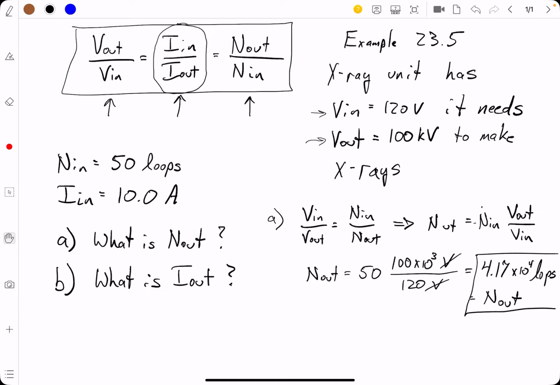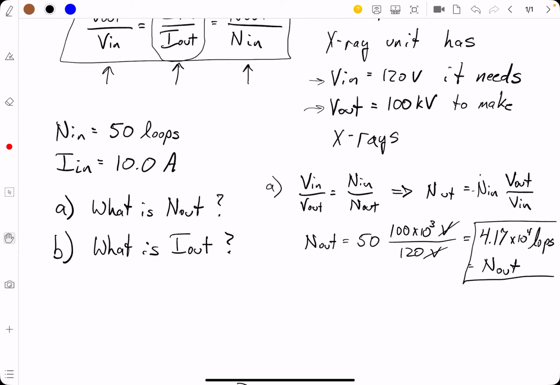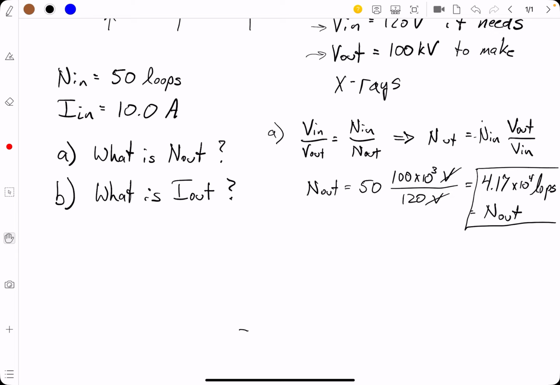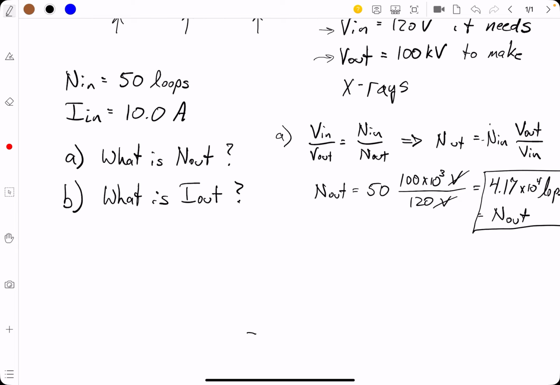We've got I in on the other side, V in divided by V out. So I out equals I in times V in divided by V out.